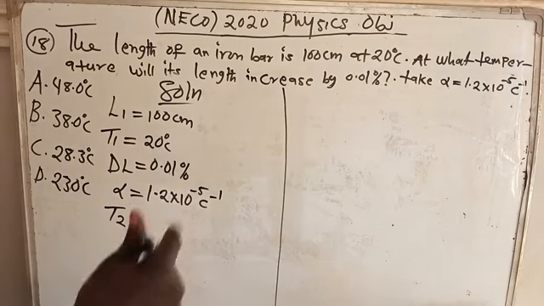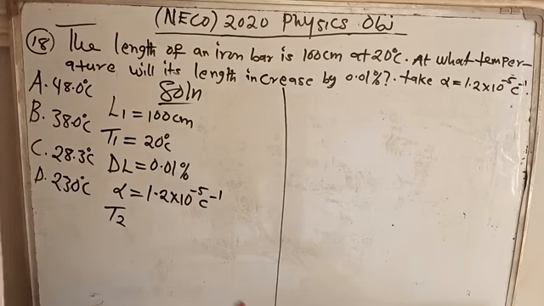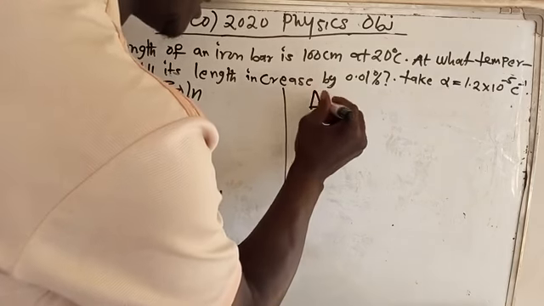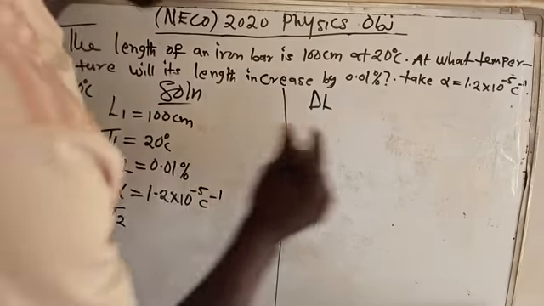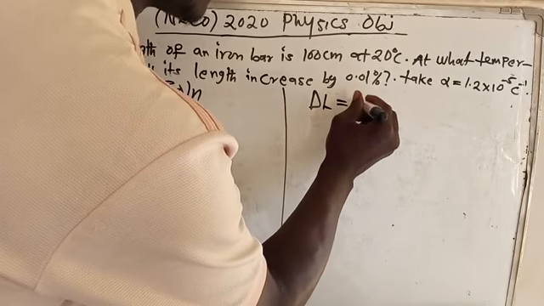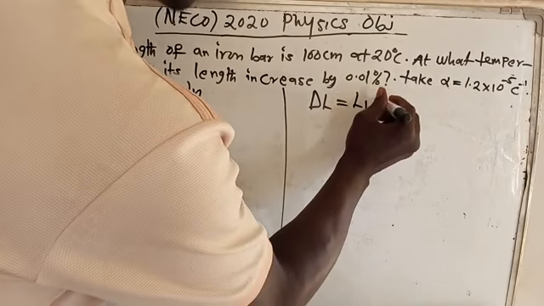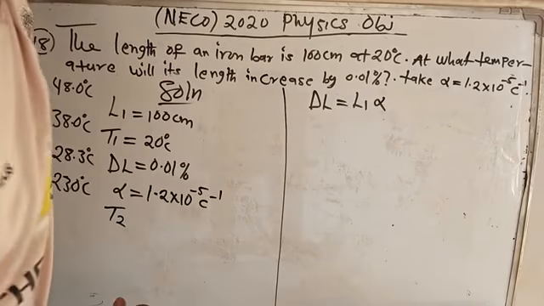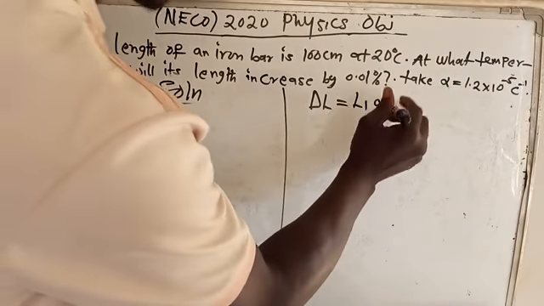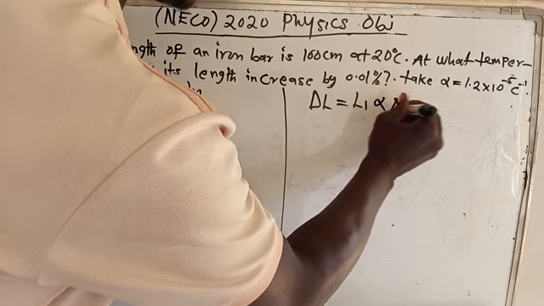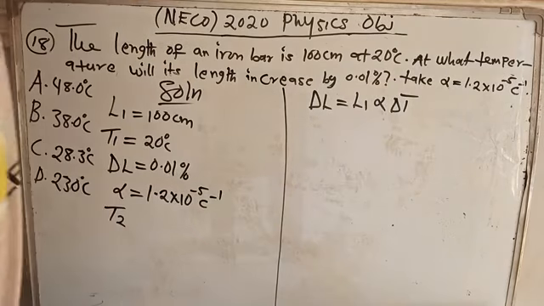Now we are going to use this equation to solve this problem. That is, ΔL, the change in length, is equal to L1, the original length, multiplied by the linear expansivity, alpha, then multiplied by the change in temperature.